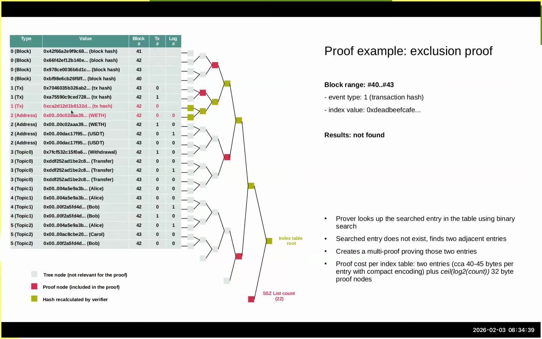Proving one exclusion proof requires proving these two red lines. With a compact encoding, one entry can be 40-something bytes, and we also have one proof node per tree level.